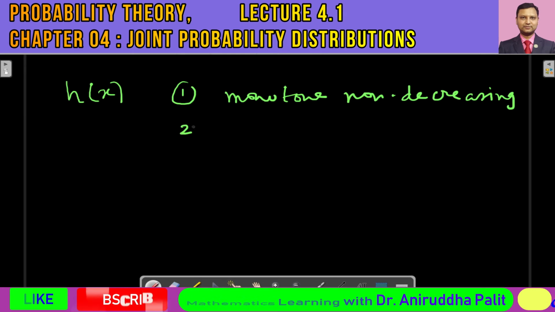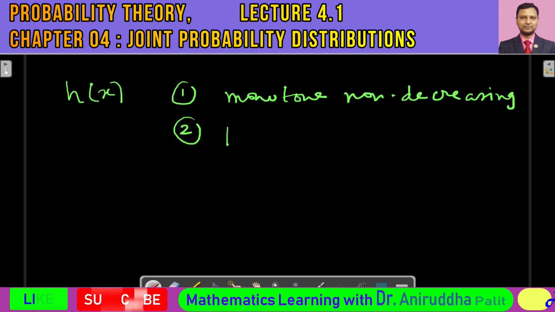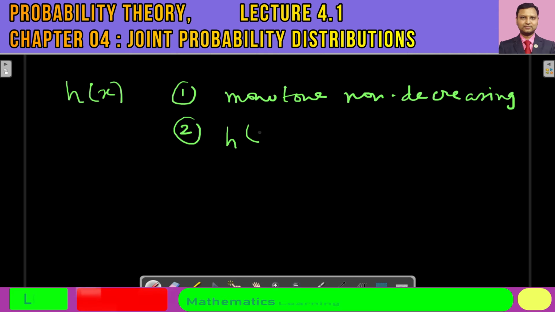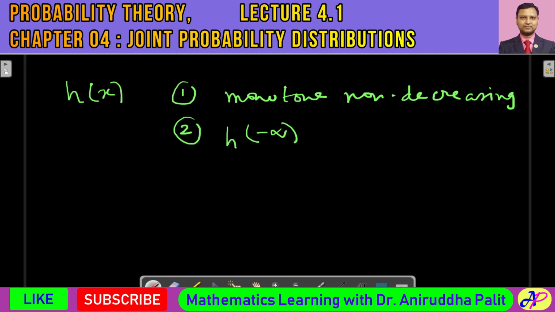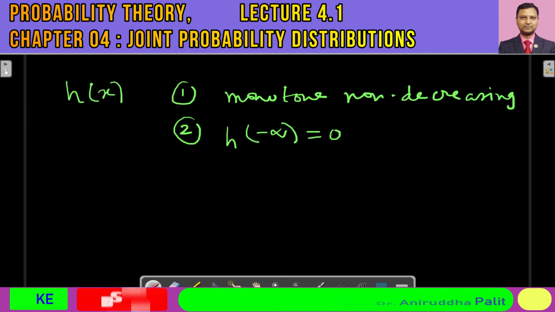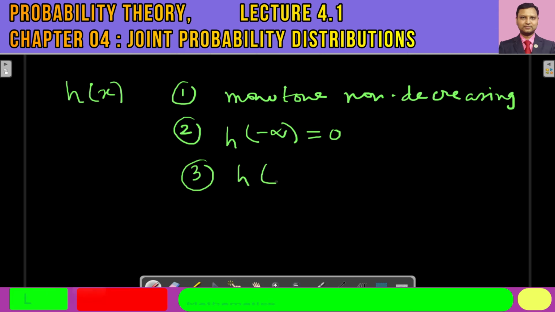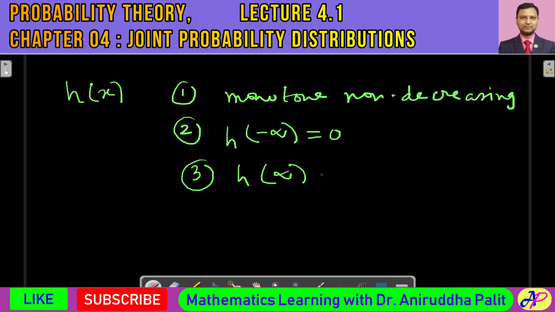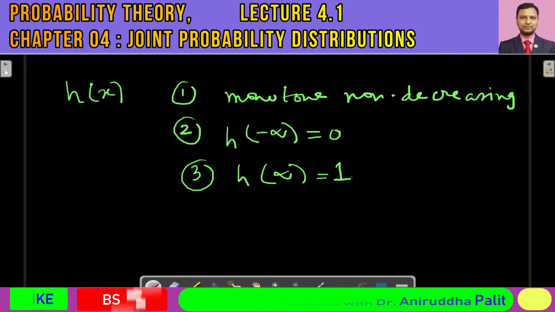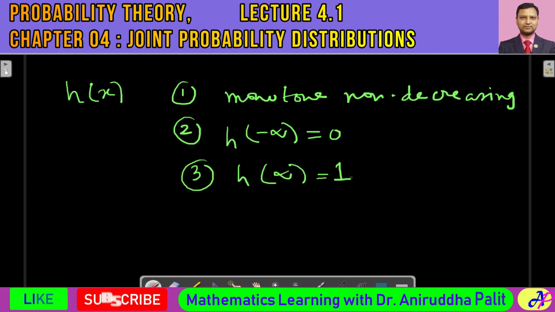Then the second property is that h of minus infinity is equal to 0. The third property is that h of infinity is equal to 1.